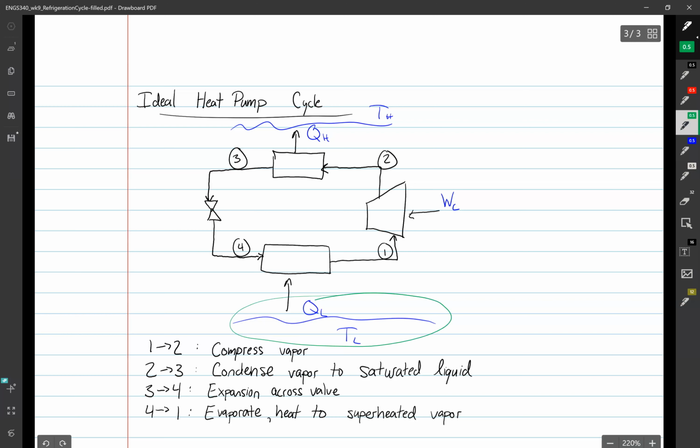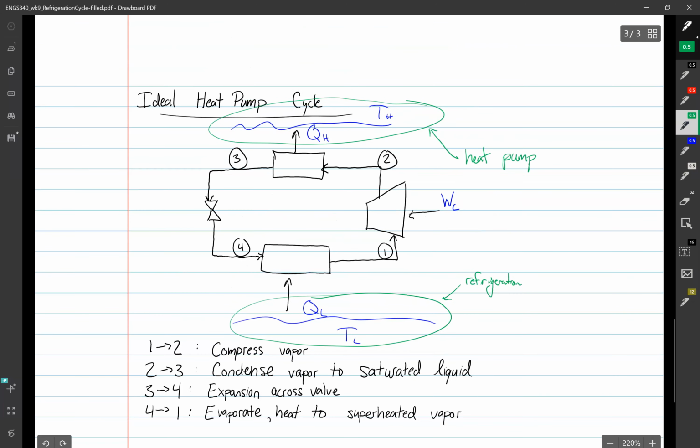We're focused down here. In a heat pump, we have the same thing going on, but our focus is up top.